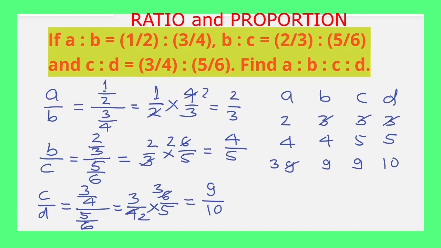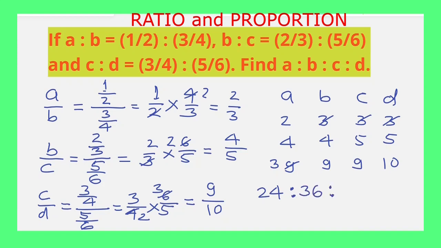Now we multiply all the numbers of column A, that is 2 multiplied by 4 multiplied by 3. So it is 4 times 2 is 8 times 3 is 24. Ratio 9 multiplied by 4 is 36.